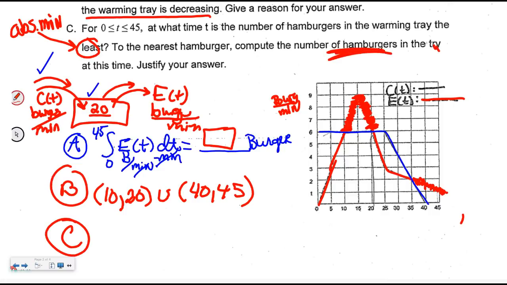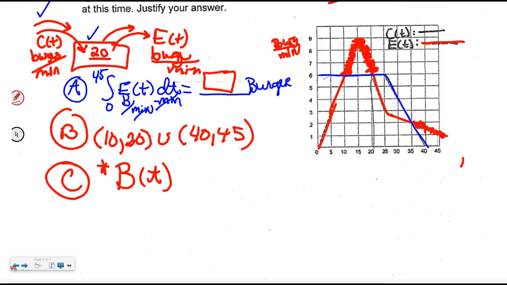It says in the tray. I would probably want to write a function for that, so my burgers in the tray at any given time. By the way, this is often the case where you need to write your own function. It's called your own accumulation function. You don't have to call it B of t. You can call it anything you want. But at any given time, how many burgers would there be?